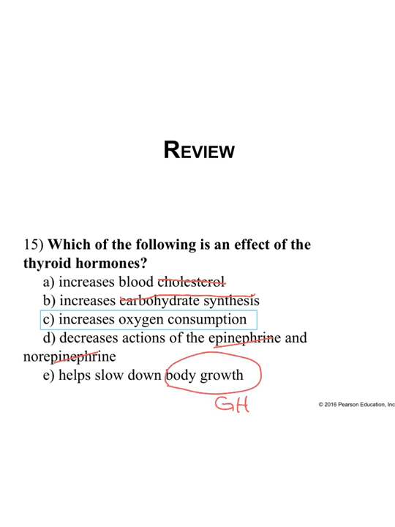Remember, TH can affect that as well. TH, though, increases metabolism, which would increase body growth. So because this is slow, this cannot be correct. If you have increased rate of metabolism, that means you're going to need more oxygen to undergo those reactions. So that's why C is the correct answer.